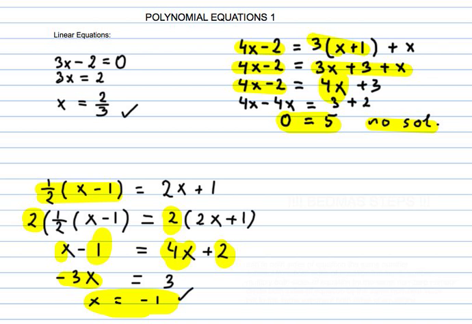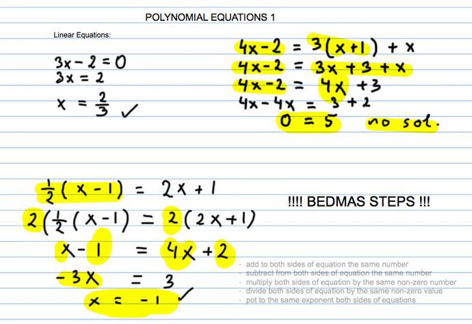Okay, so when solving equations, you must remember two basic rules. The first one, BEDMAS. When you're working with an expression, you must use brackets first, exponents, division, multiplication, addition, subtraction.